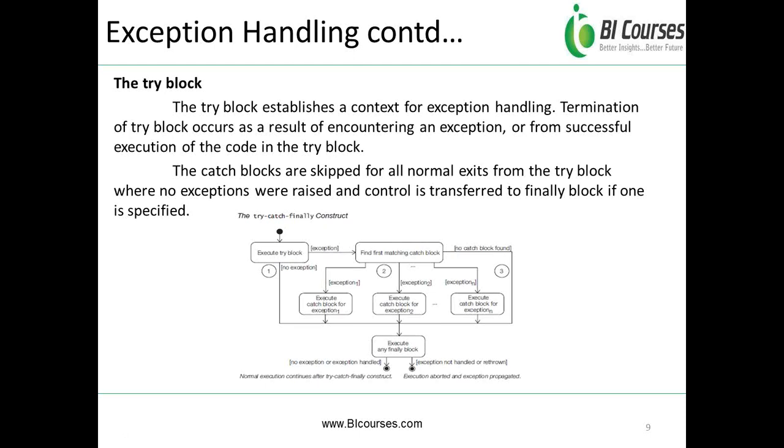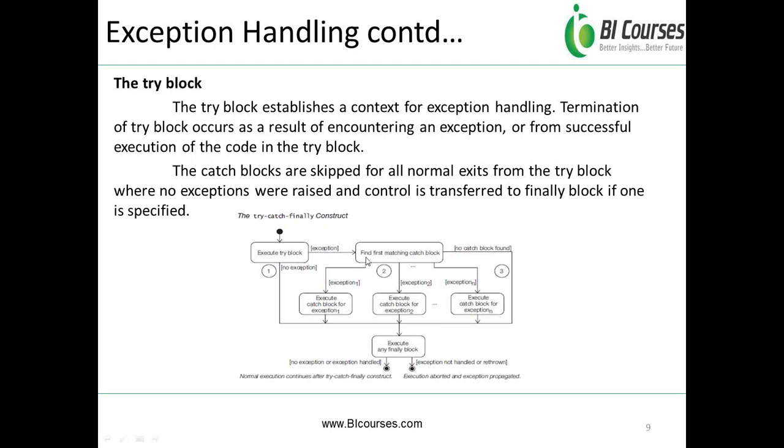Even with successful execution of the statements, the try block will also be terminated. The catch blocks are skipped for all normal exits, so a catch block will not be executed if an exception is not raised. When no exceptions were raised, the catch blocks will not be executed and control is transferred to the finally block.